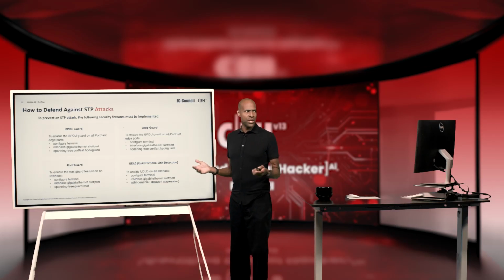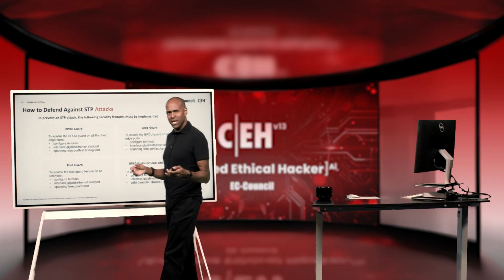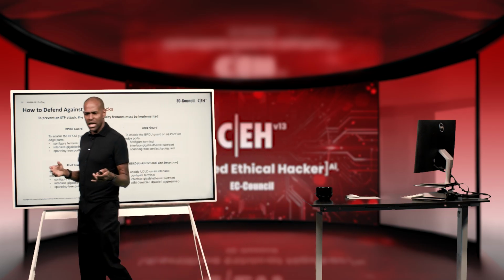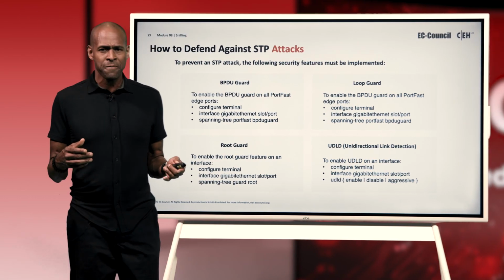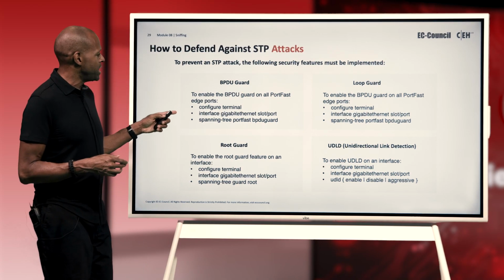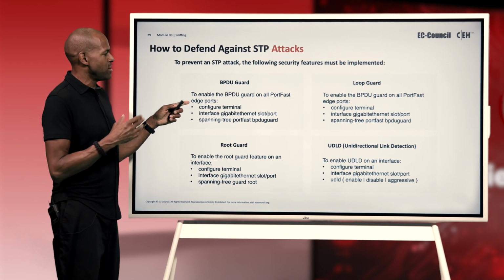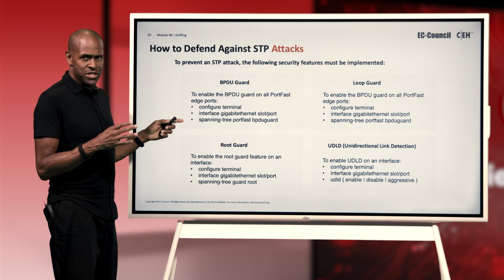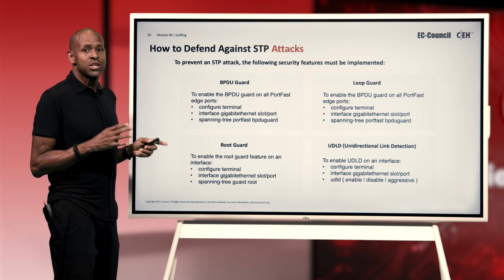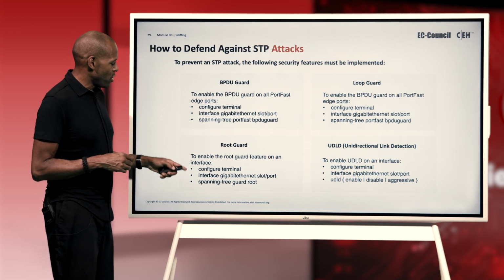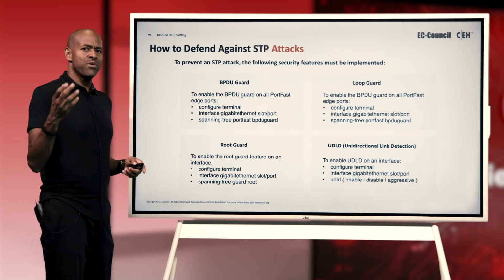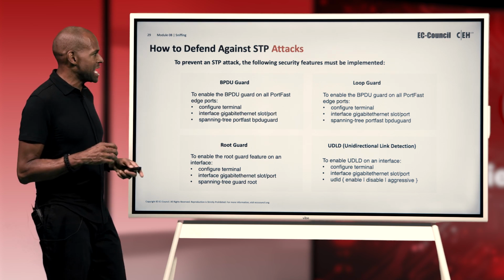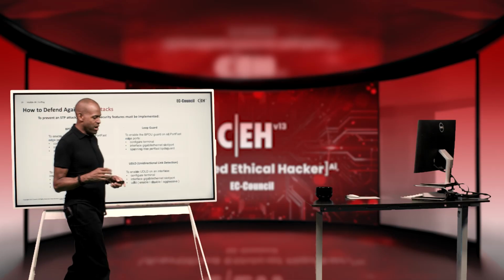Then there are other things that you can do. Remember I was telling you about how those switches communicate? They use bridge protocol data units, or BPDUs. You can turn on BPDU guard to make sure that all of these switches are talking only to the appropriate switches. You could do root guard to make sure that if you have a root bridge, it stays the root bridge.